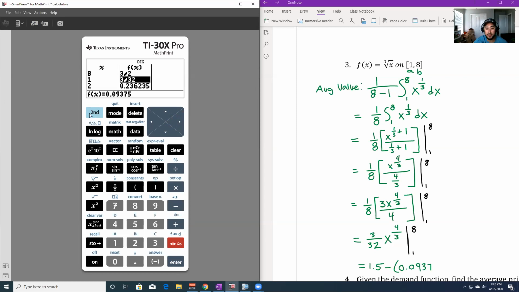Now subtract those two values. 1.5 minus 0.09375. Okay. And I'll do it to 2 decimal places, 1.41. There's our average value.